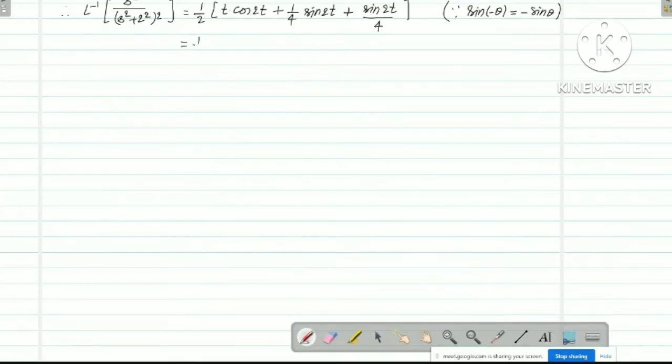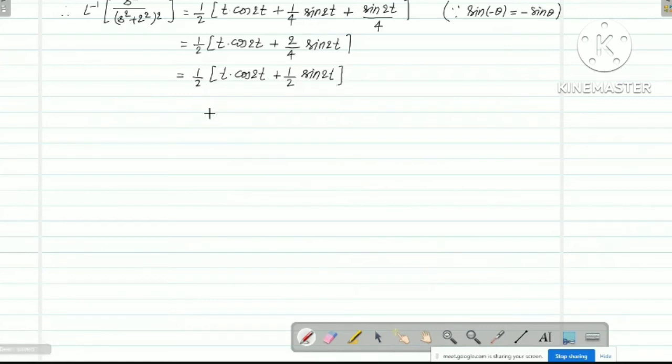So this equal to 1 by 2 t times of cos 2t and plus, see here, this is the same as 2 times, so we write here 2 times of 1 by 4 into sin 2t, okay. So simplify it more, so 1 by 2 t into cos 2t and plus 1 by 2 sin 2t, 2 1 2 and 2 2 4, so this is 1 by 2, okay.